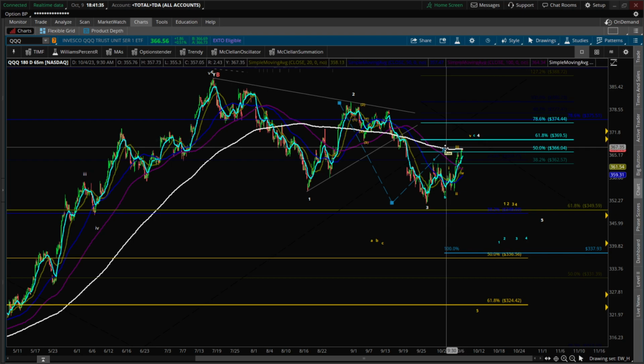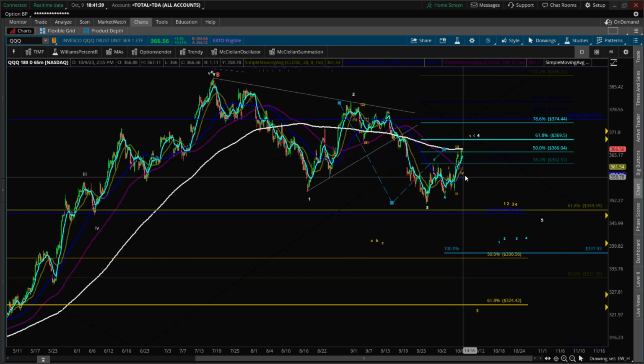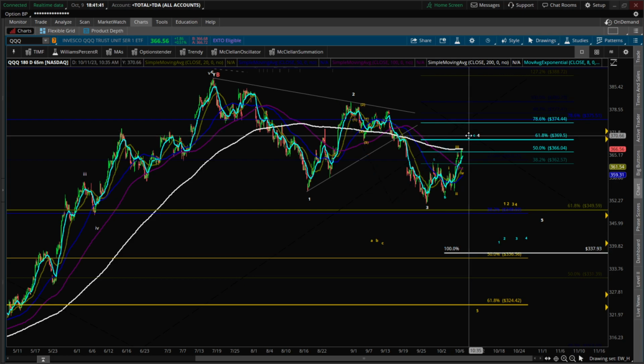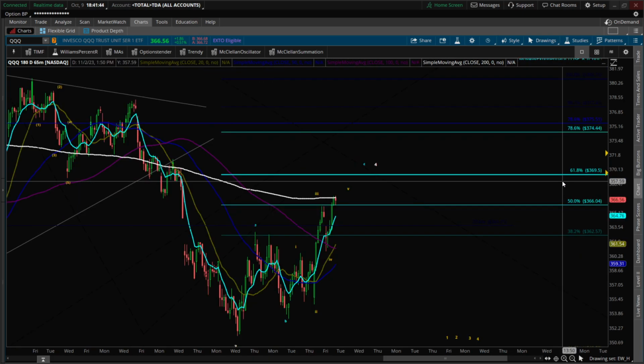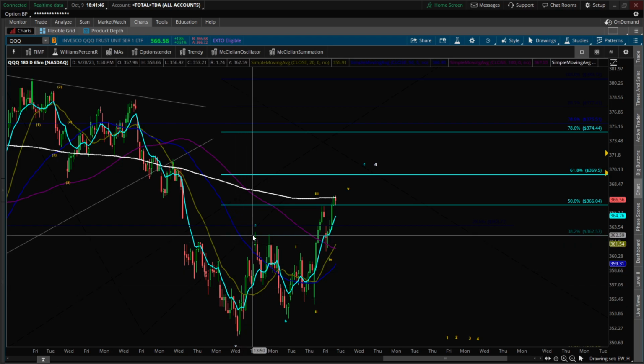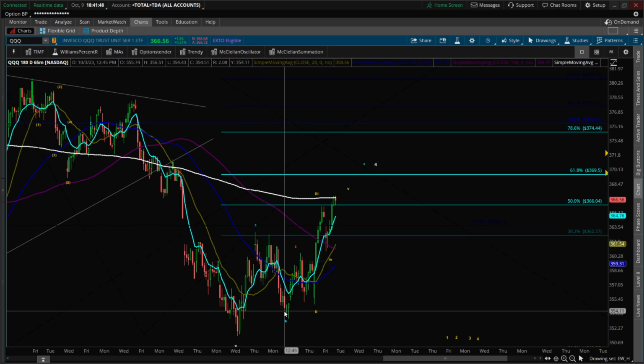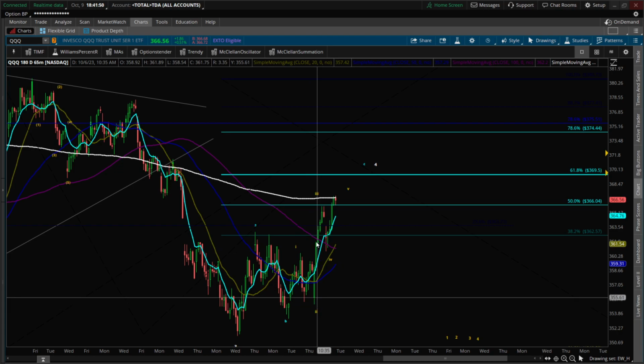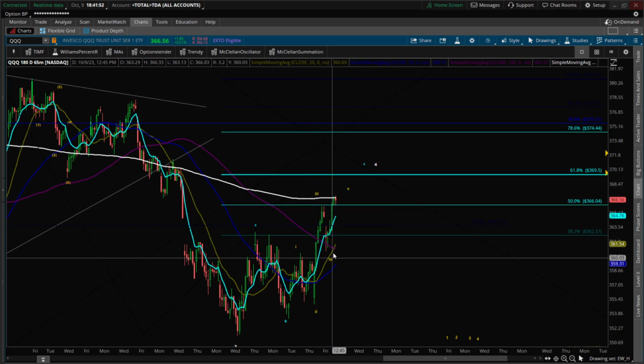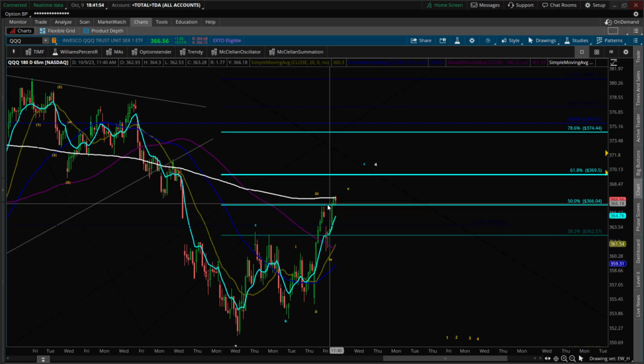So we'll see. We'll keep it right here where tomorrow we had this wave 3, 4, 5 can be completed right here. All right, let me dig in just a little bit closer. We have an A, B, 1, 2, 3, 4, and we are above wave 3. So this is right into resistance.